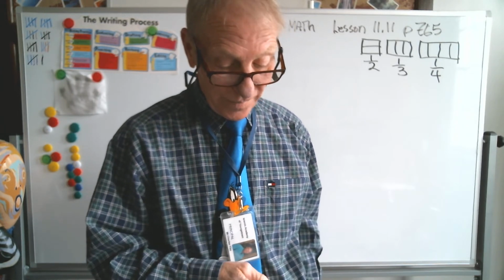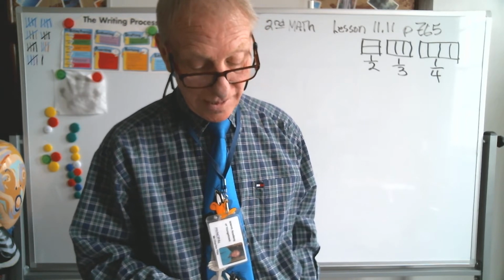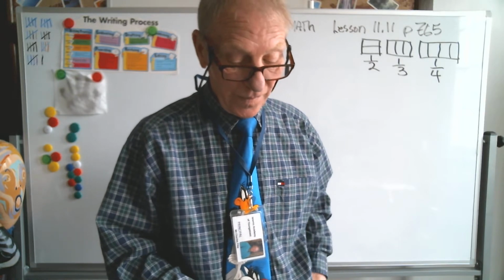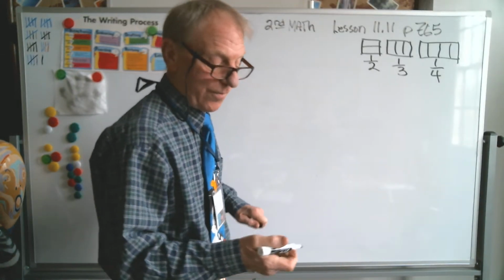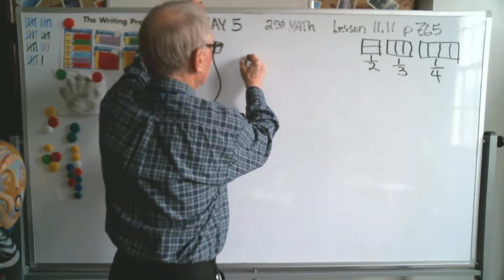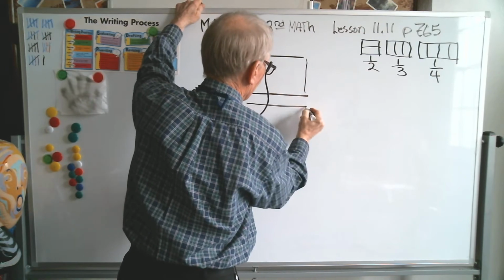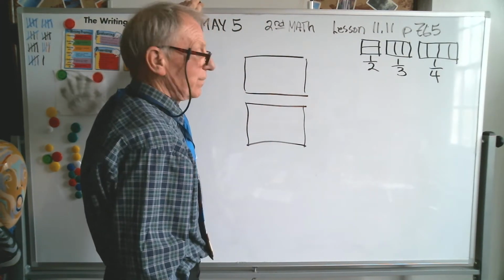Number 4. Here we have 2 small trays of pasta, and they're the same size. What are 2 different ways you can cut it into fourths? Well, those 2 trays of pasta are not squares. They're actually rectangles. And we're going to cut it into fourths.